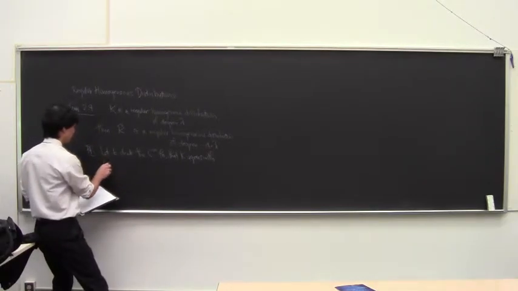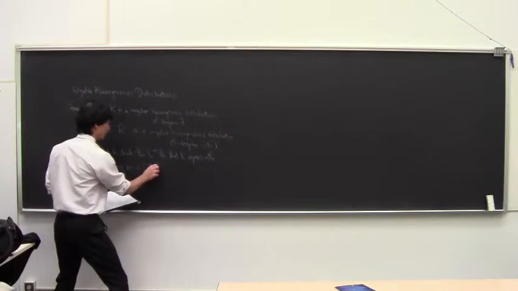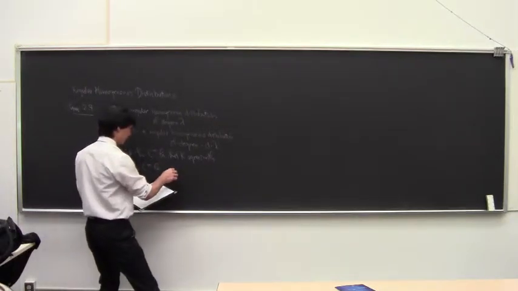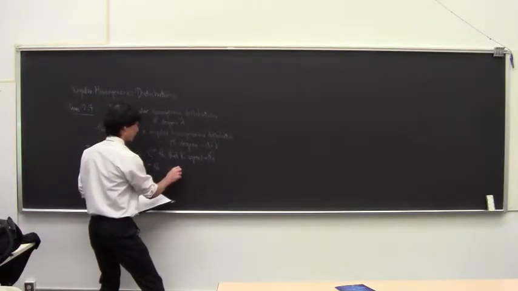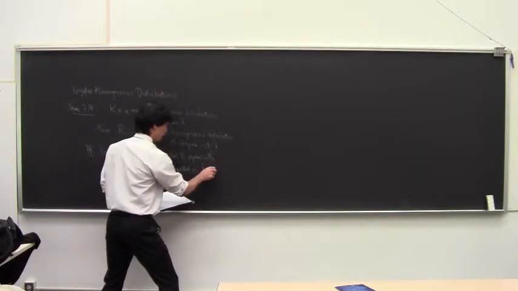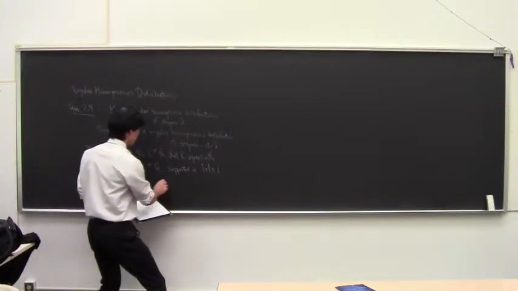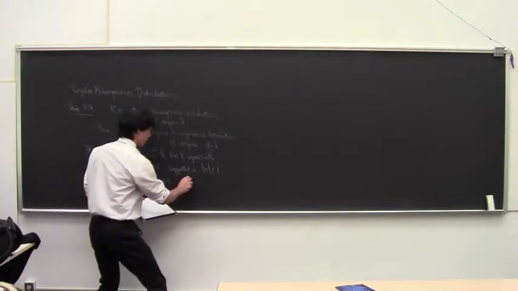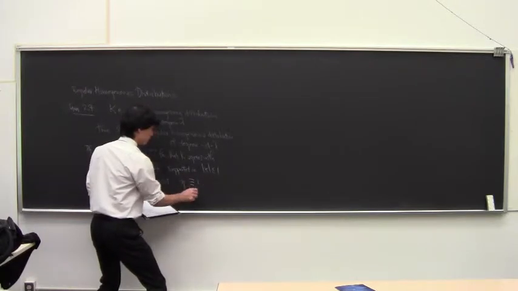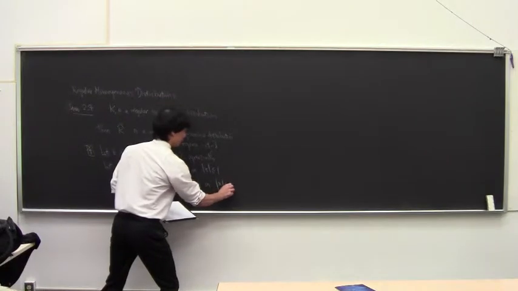Let eta be a C infinity function that is supported in the unit ball, and such that eta is 1 in the ball of radius a half.